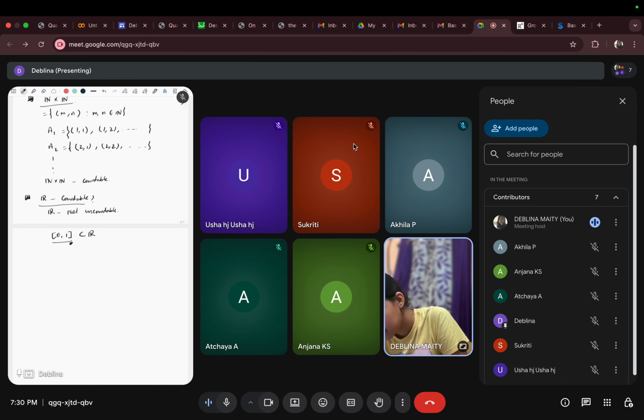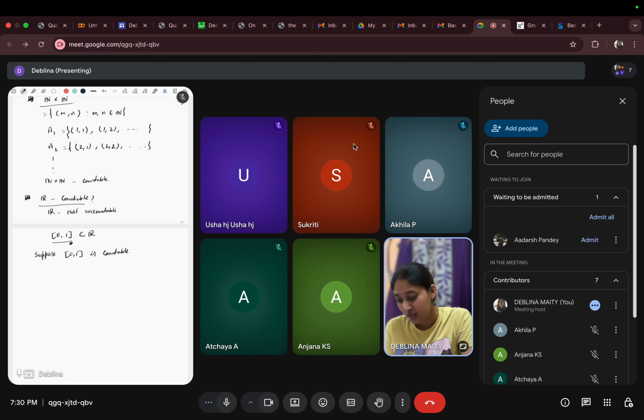Suppose (0,1) is countable. I think you have seen the proof. This is a famous proof by Cantor.